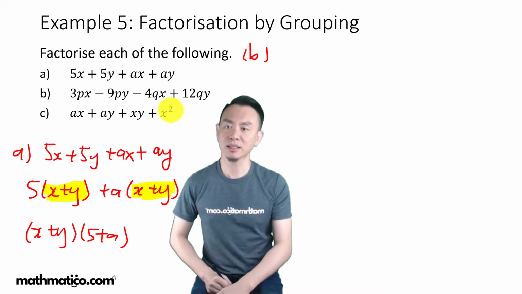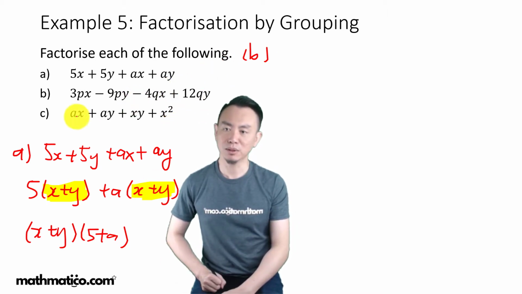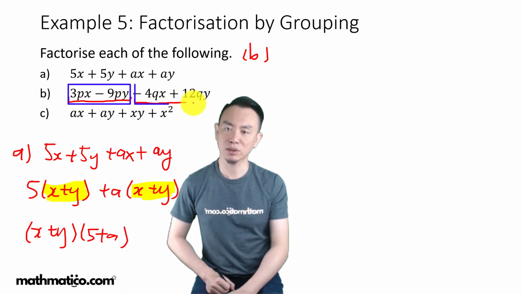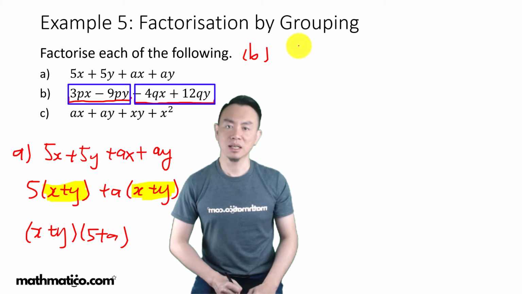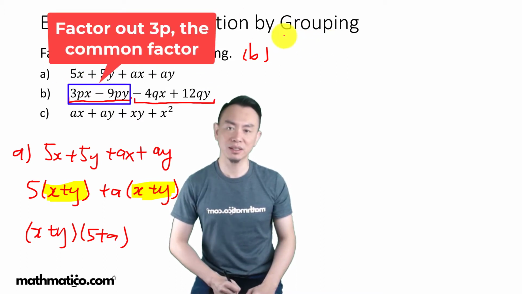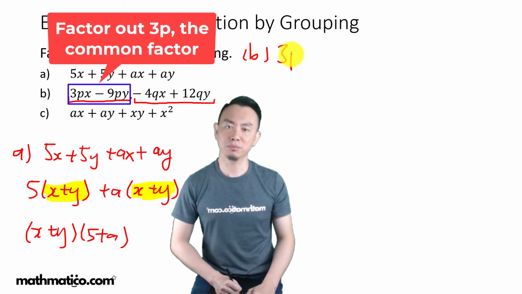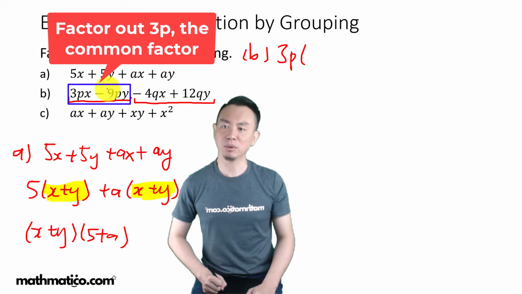Part B, it's a bit more tricky, but it's not a problem. We group them into first 2 pairs and second 2 pairs. Now, let's look here. We have 3, 9, so the common factor is 3. P, P, so P is a common factor as well. X, Y not common.